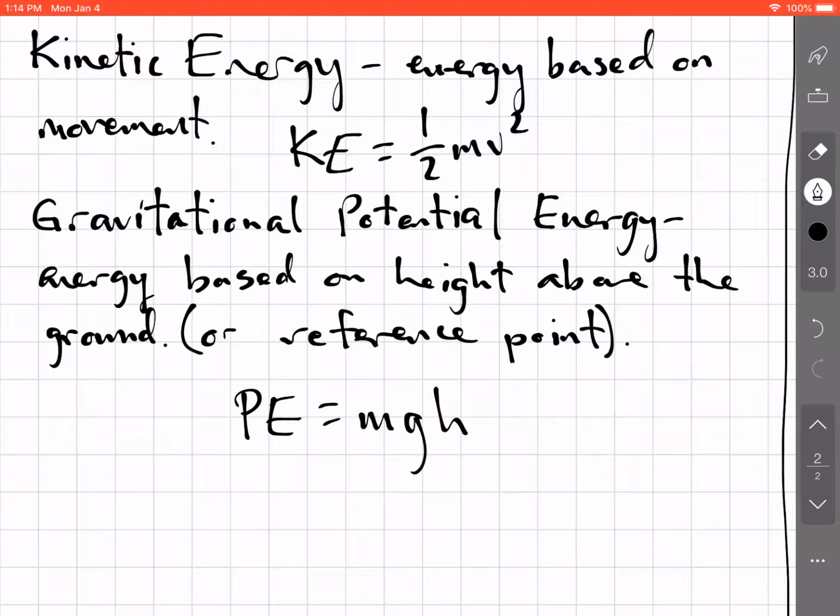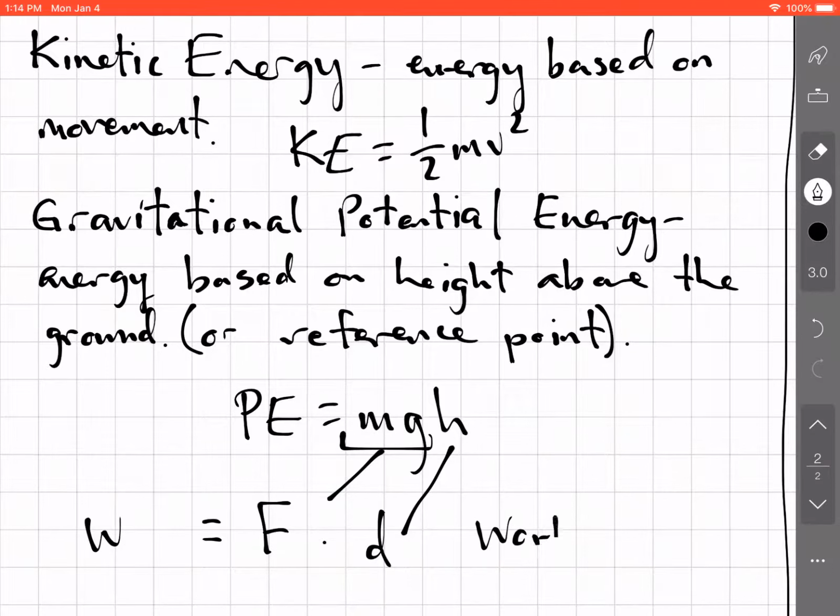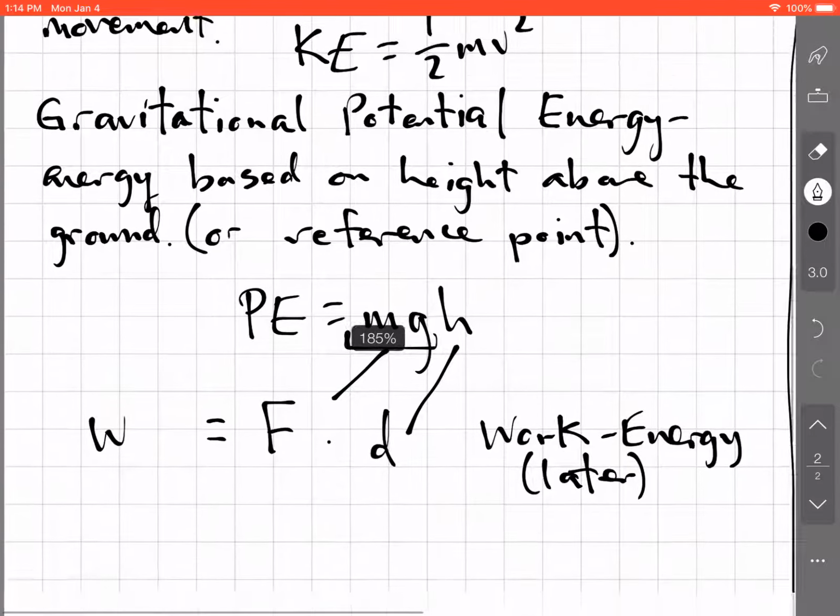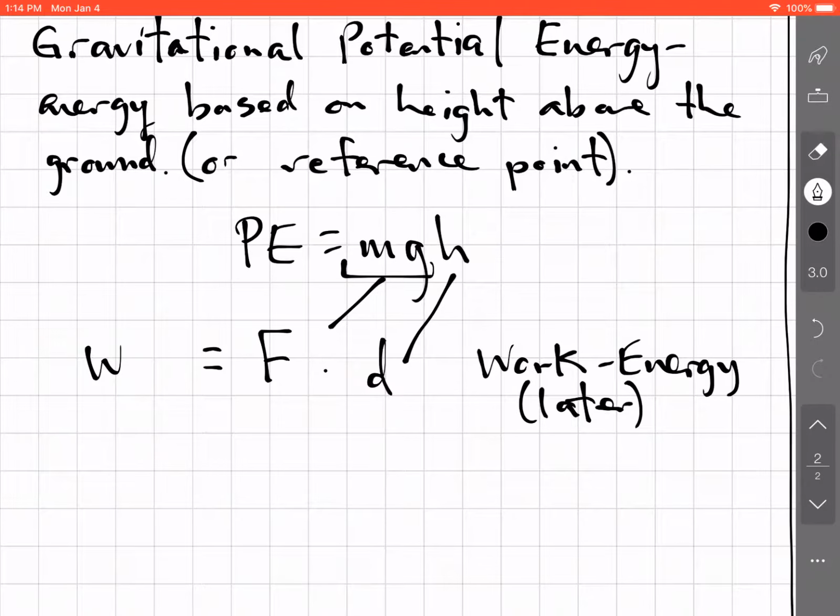All right, now something interesting here. Let's say you're lifting a box. Well, mg could be considered as the force, and the height could be considered as a distance, right? So we'll get into how work and energy are kind of the same idea, but there is something called the work-energy theorem. So basically, work and energy are in the same units. So this is something we'll talk about a little bit later, but that's kind of a neat little caveat. So units we're talking about here.